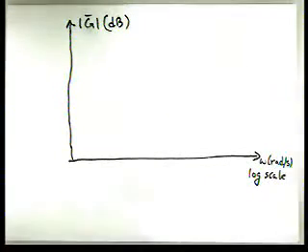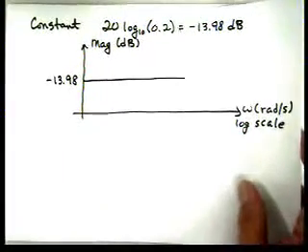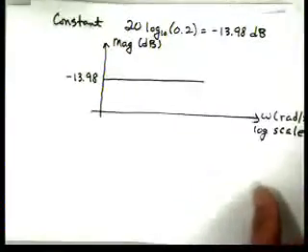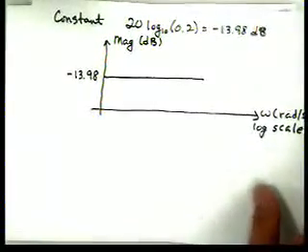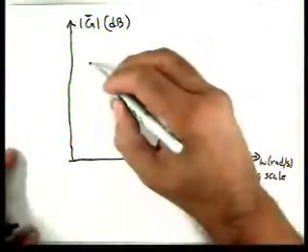So we start off with our plot. We had a gain of minus 13.98 dB. And then we also have that simple pole at the origin, so it breaks down at 20 dB per decade.